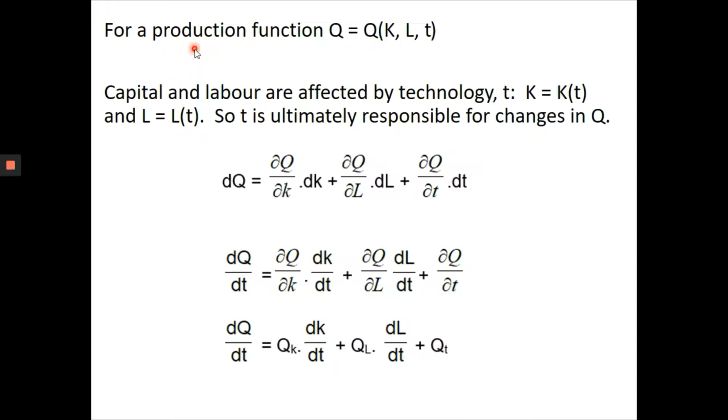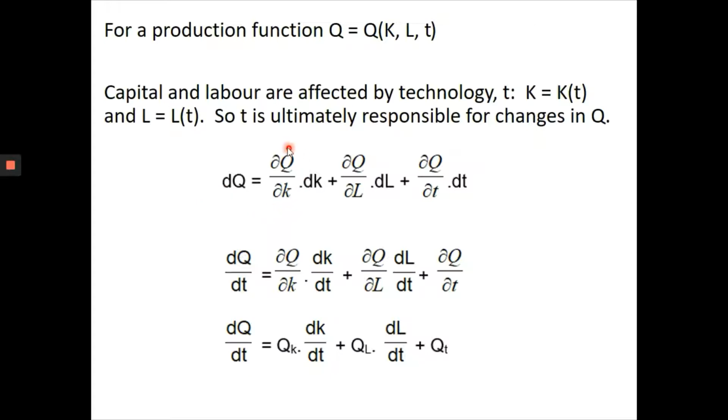We now work with an economic application where we have this production function, Q, which is a function of capital, labor, and technology. And then we also have capital is a function of technology, and labor is a function of technology. So technology is ultimately responsible for changes in Q. So if we want to calculate the total derivative dq over dt, our starting point is setting out the total differential dq.